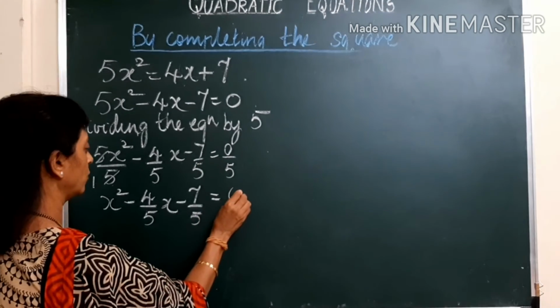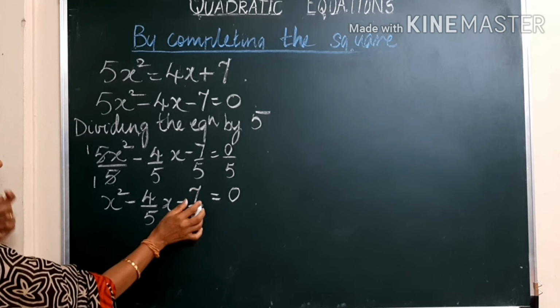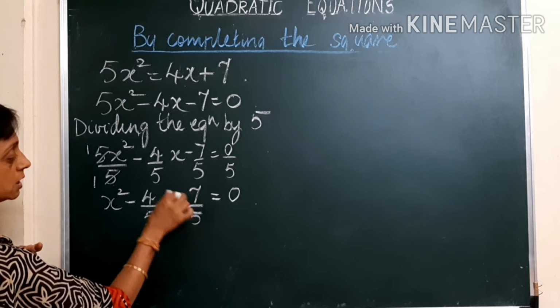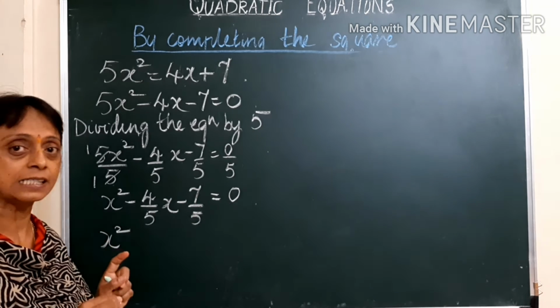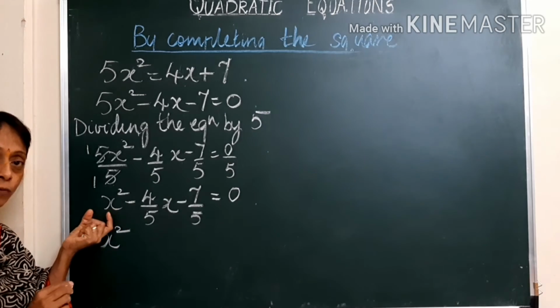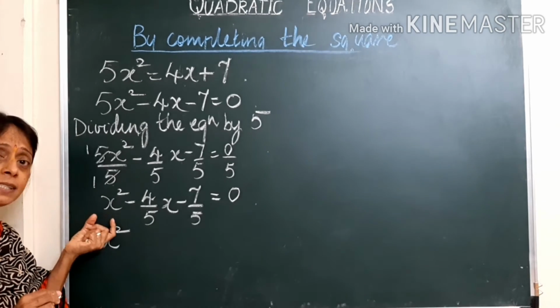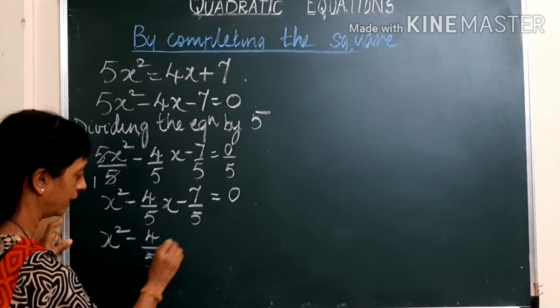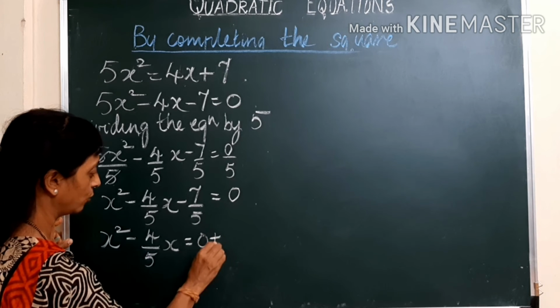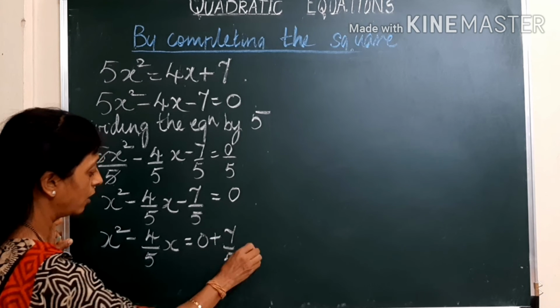Now children, transfer the constant term on the right hand side. Now we are following the same steps as the earlier problem, because now over here the coefficient of the square term is 1. So x squared minus 4 upon 5x is equal to 0 plus 7 upon 5.